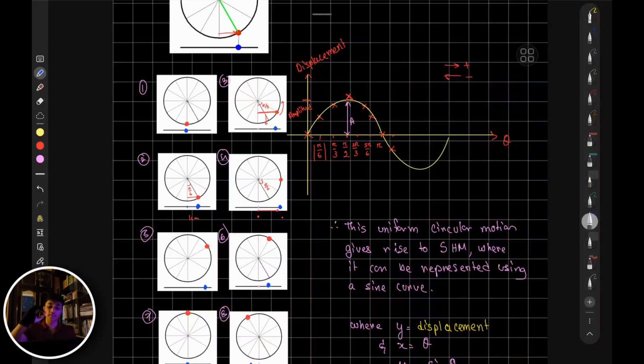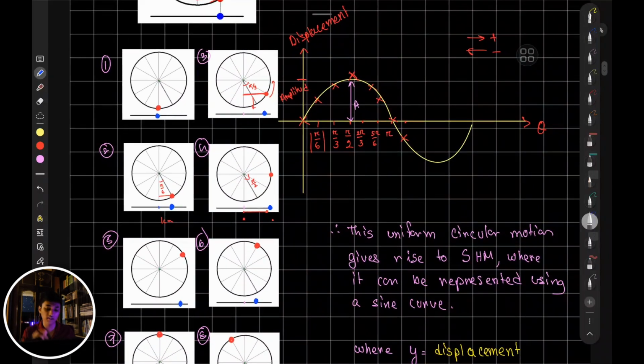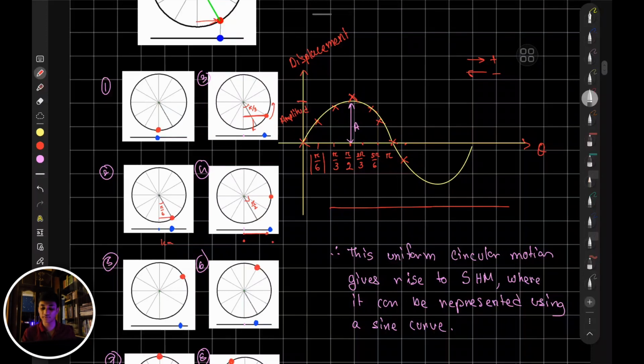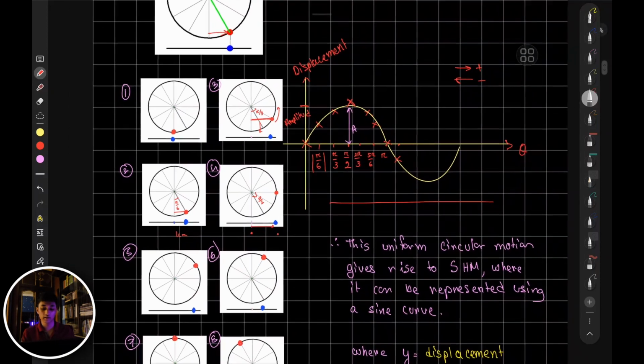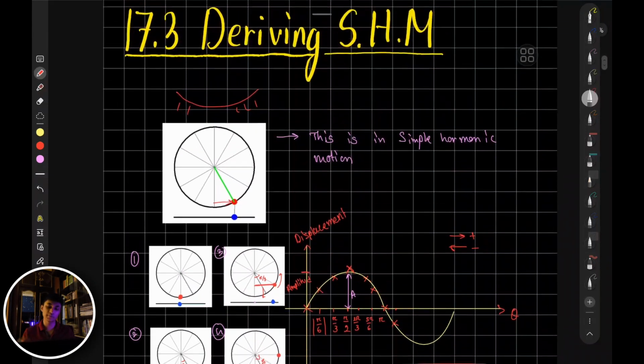We have drawn the curve against the change in theta of what? Of the uniform circular motion of the blue bob. Great. So we know the curve looks like a sine graph for displacement against theta. But remember, what are we trying to prove?